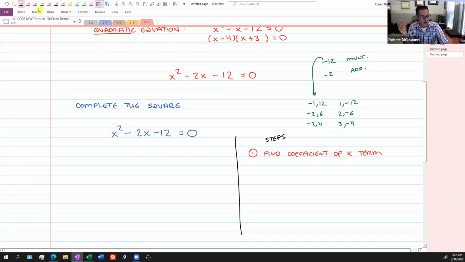Okay, and on the left side, I'm actually going to work the problem. So the first thing is I'm going to identify the coefficient on x, which means the number in front of x, which is -2. Okay, understand that? I'm just going to look at what's the number in front of x. It's -2.